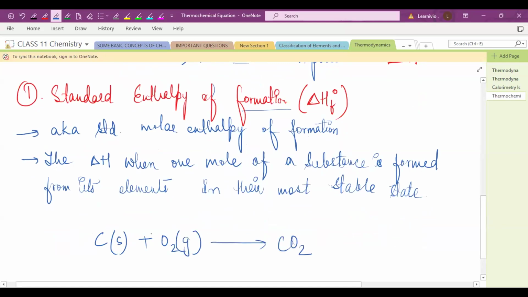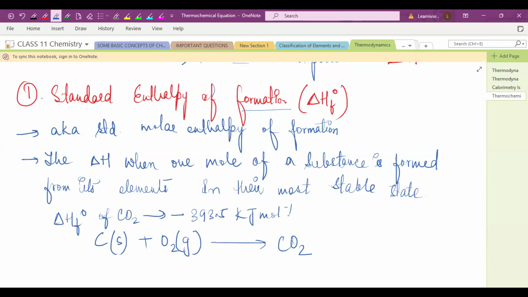Now see here, it's given that delta HF naught value, the standard enthalpy of formation of carbon dioxide, is minus 393.5 kilojoule per mole. So it's given in the negative form. What does this mean?